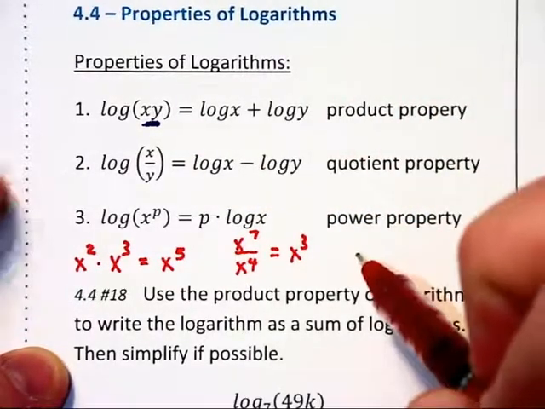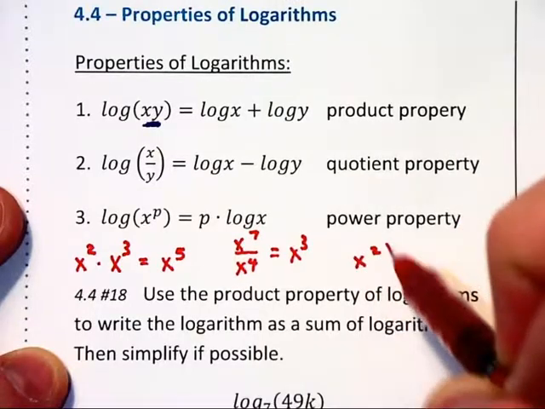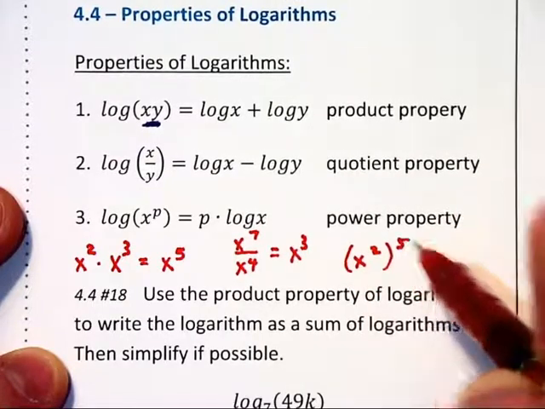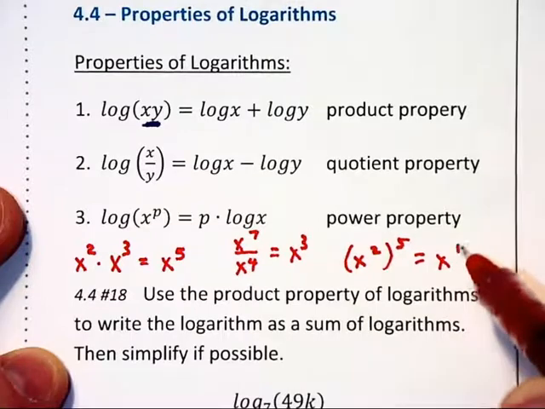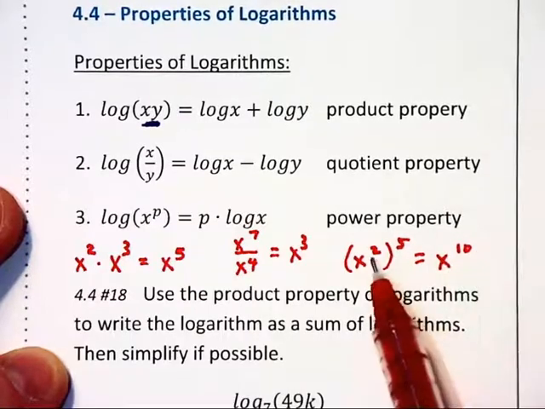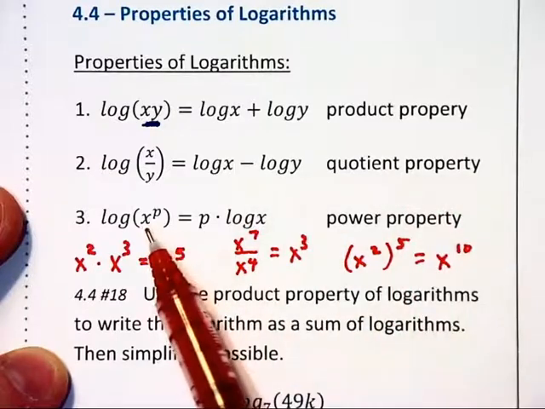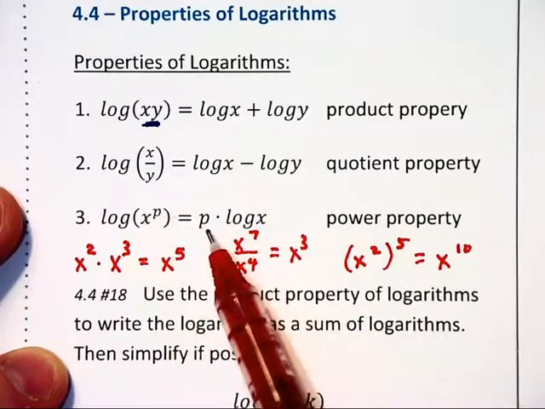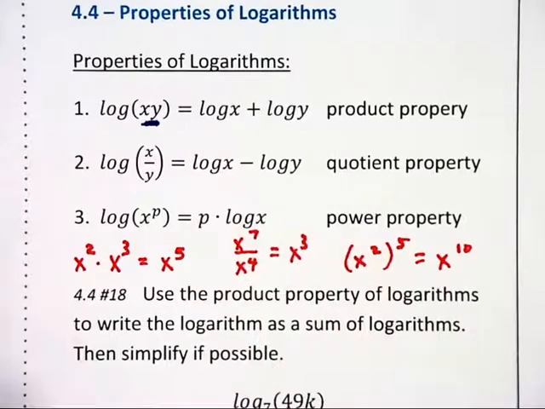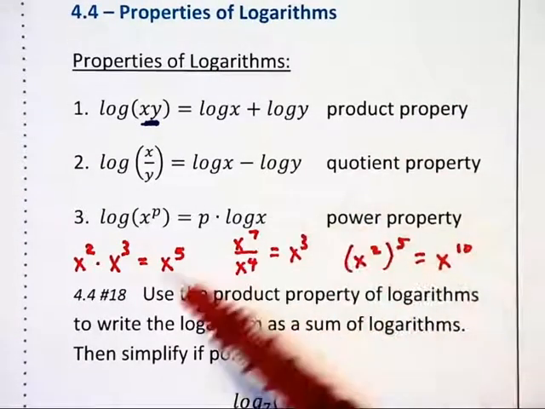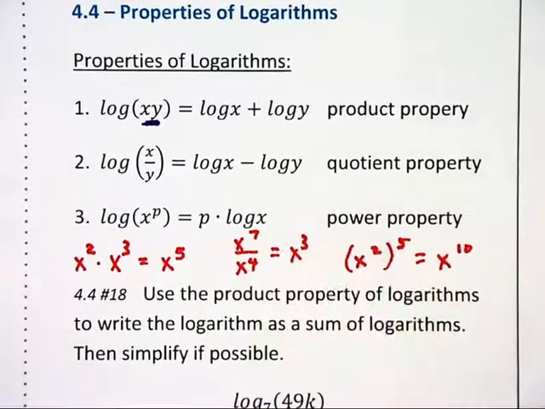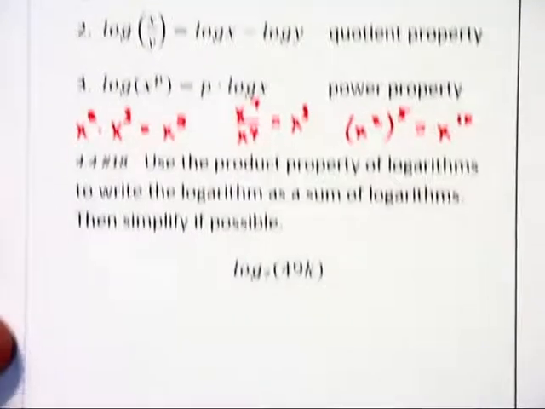And if you had something like x squared all to the fifth power, you would have x to the 10th. Well, if you have a power being raised to a power, you multiply exponents. Here, your x is being raised to a power, you multiply times the log. So it's very consistent with the properties of exponents because we're dealing with the inverses of exponents, namely the logarithms.